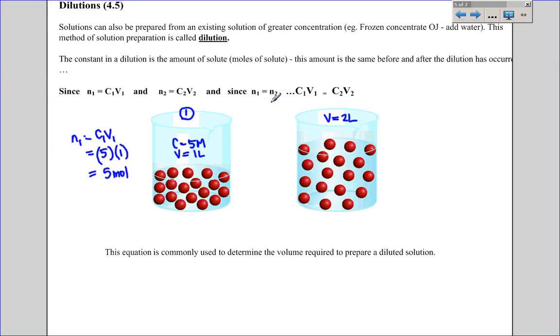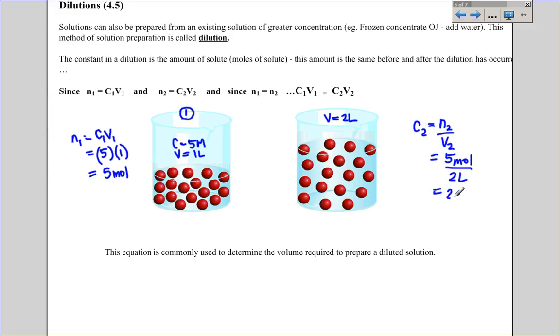And what I've done is I've transferred the moles into this solution. And so now the concentration in here is equal to the moles in here divided by the new volume. So my new concentration here, I've got the 5 moles, and I'm dividing by 2 liters.